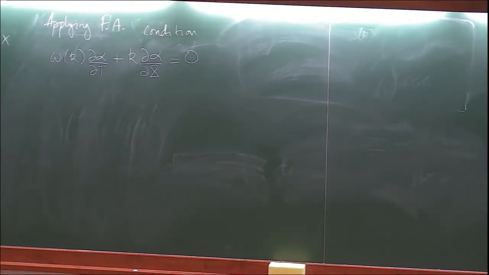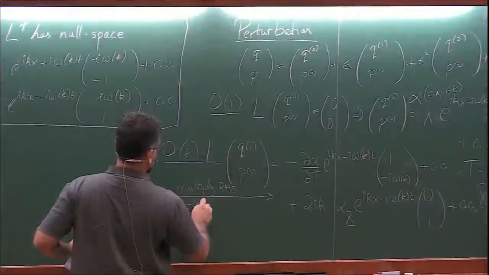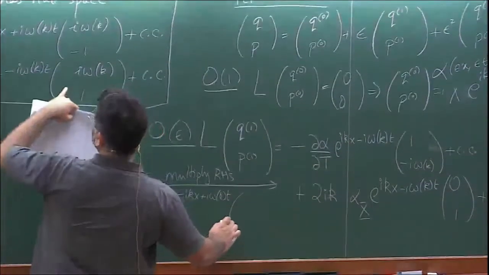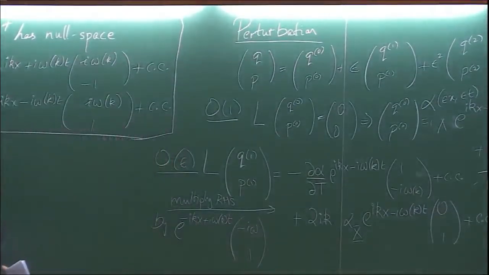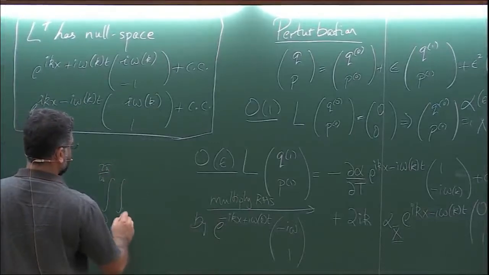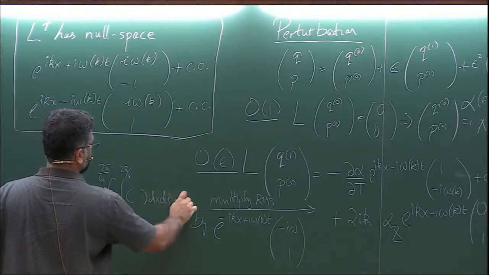Okay, so you multiply that entire expression by the complex conjugate of this, which is to say we multiply the right-hand side by e to the minus ikx plus I omega of kt minus I omega 1, and then integrate 0 to 2 pi by omega, 0 to 2 pi by k. And you set it to 0.